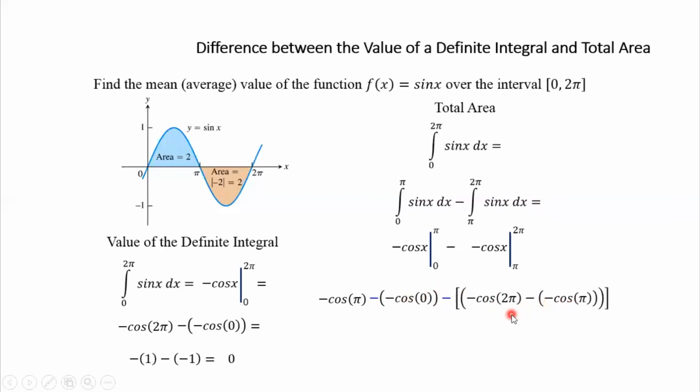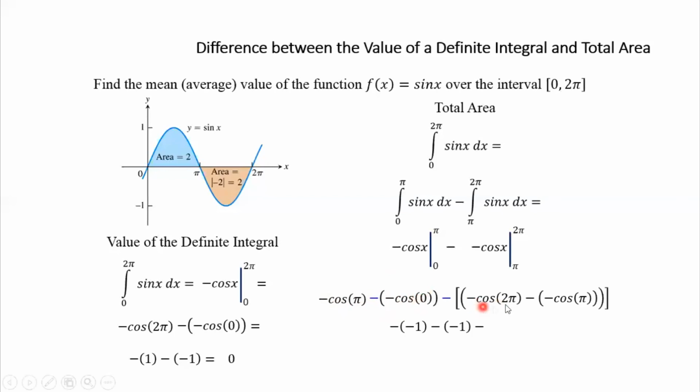Then simplifying that one, what's the answer? Again, negative cosine pi. Cosine pi is what? Negative 1. Then negative 1 multiplied by negative is positive 1. And this one, cosine 0 is 1 times negative is negative 1, plus 1. So negative 1 plus 1, the whole expression will be 0.